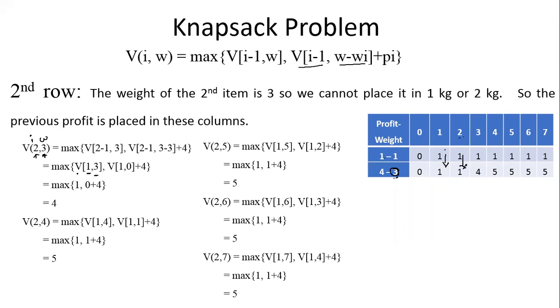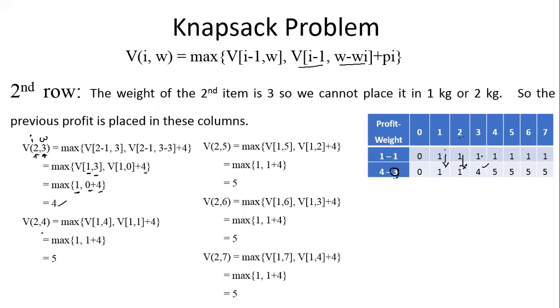So here maximum of V of 1 comma 3 and V of 1 comma 0. Here V of 1 comma 3 is 1. V of 1 comma 0 is 0. Plus the profit of this item, which is 4. So that's why the value is placed here.